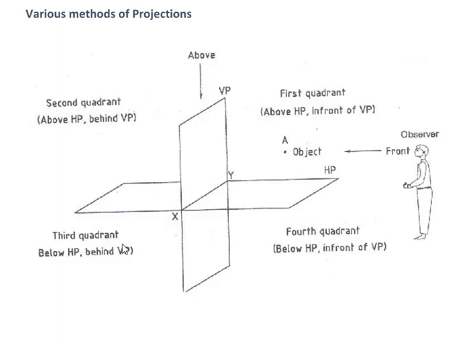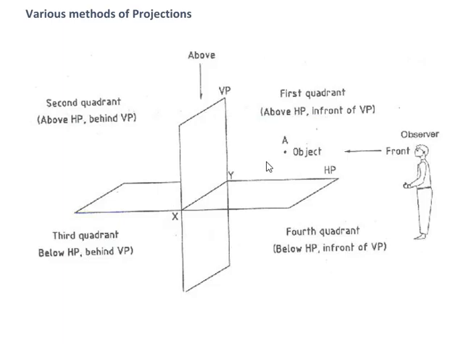The main difference is that in first angle projection, above the reference line we see the front view and below it the top view of the object. In third angle projection, above XY the top view is represented and below XY the front view of the object.